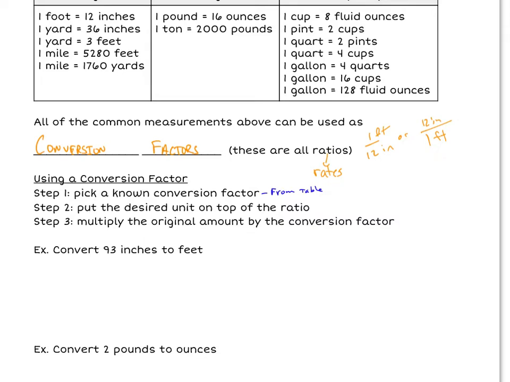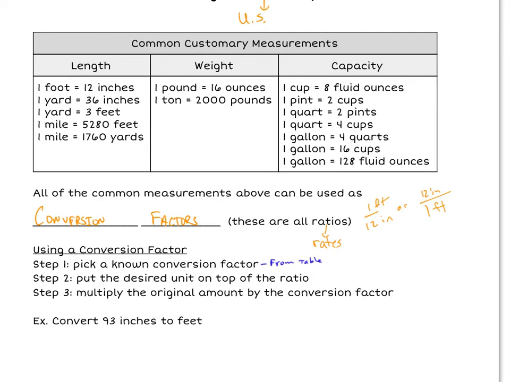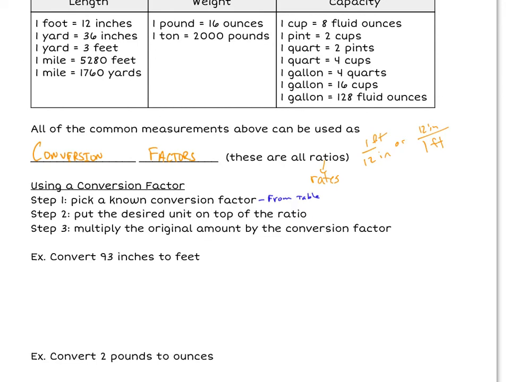So we want to convert 93 inches to feet. So we go back up to our table here, and inches and feet, we find those in this guy here, and we want one that has both feet and inches in it. So it says 93 inches to feet. So in our answer, we want to have feet.